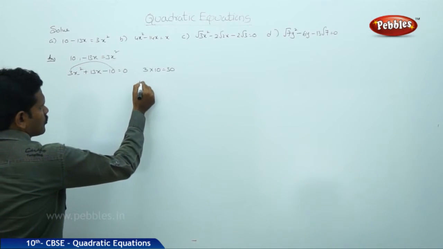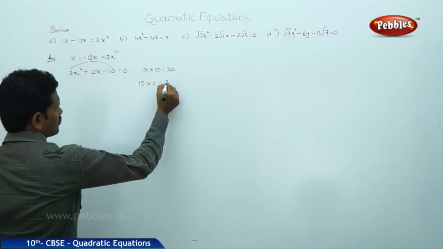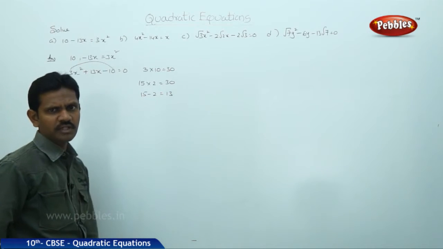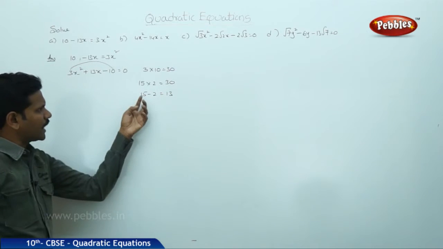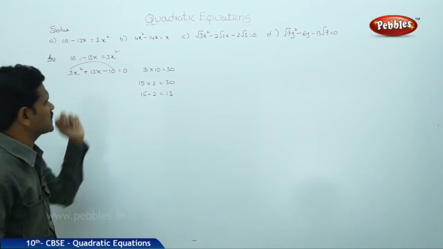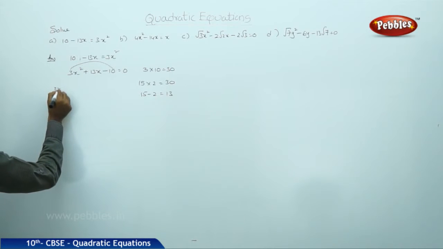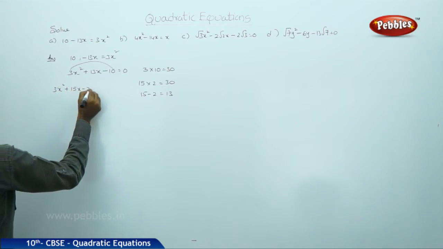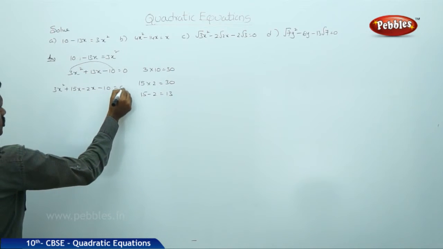That is, 15 twos are 30, and 15 minus 2 is equal to 13. Now arrange the numbers 15 and 2 to get plus 13x: 3x square plus 15x minus 2x minus 10 is equal to 0.